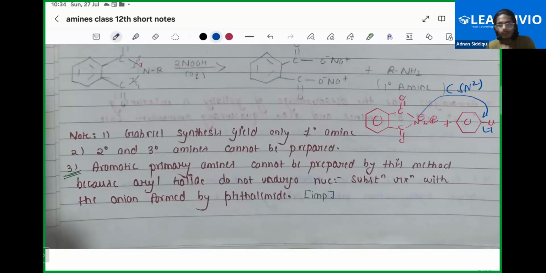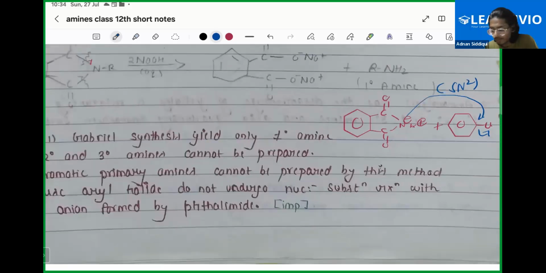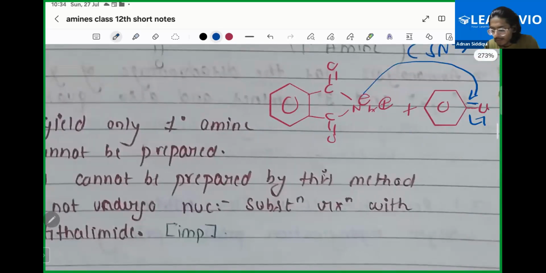Second, benzene is already electron rich and this nucleophile is already electron rich, so two negatively charged species won't attract each other. So it won't attack. And this bond is stronger. We have a partial double bond character here due to resonance, so it is harder to break. So we cannot make something like this.